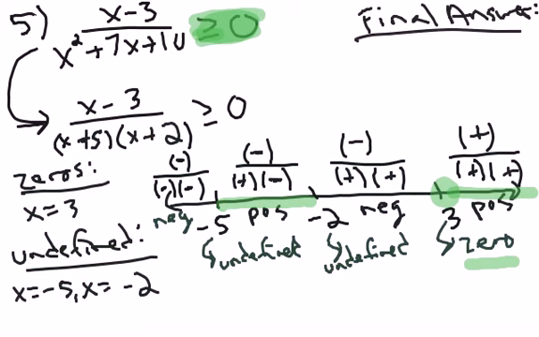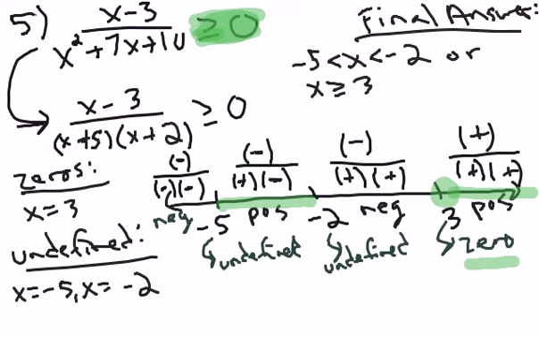will be the following. Between negative 5 and negative 2, or anything bigger than or equal to 3. Okay, again, or equal to for this one because that is where it is at 3 equal to 0. These two I can't include anyways because they are undefined.